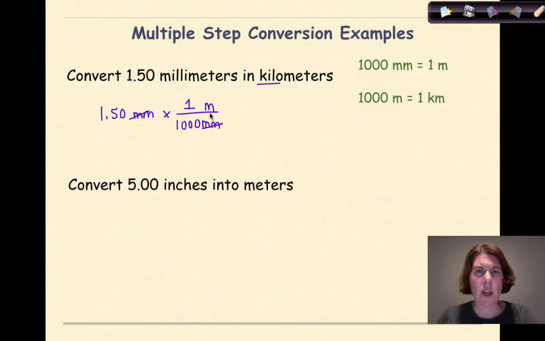So I'm in a base unit right now, and I can use this other conversion factor to get there. So I'm going to put a multiplication sign and a line, and I know that there are 1,000 meters in 1 kilometer. Again, I want to make sure that my units cancel down and to the right. So meters cancel meters, and I'm left with kilometers, which is the unit that I want at the end.